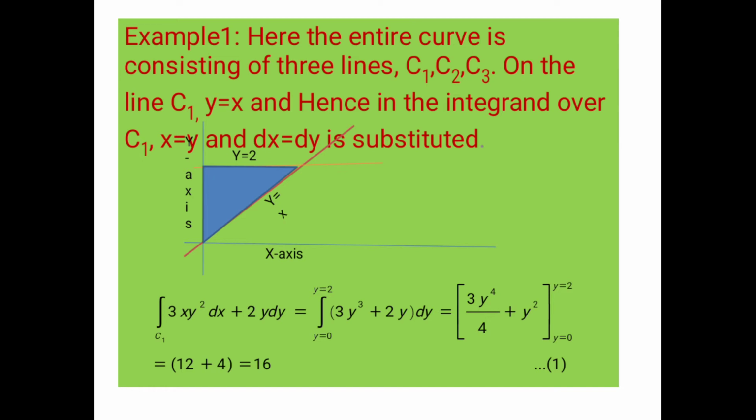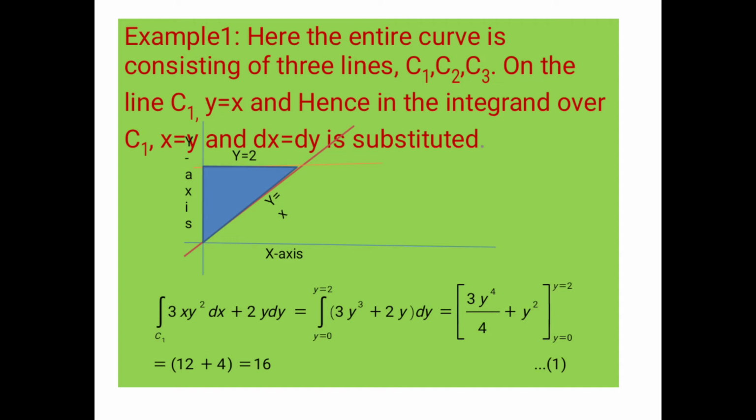So here we are replacing x by y and dx by dy, and y is varying from 0 to 2. So it becomes integration from 0 to 2. Instead of 3xy², it becomes 3y³. The second term 2y is as it is, and it becomes 2y dy.